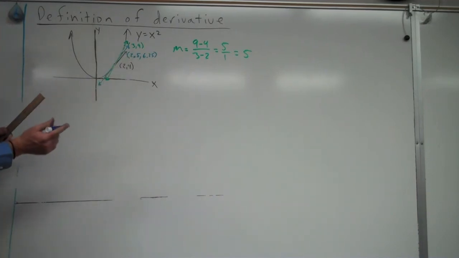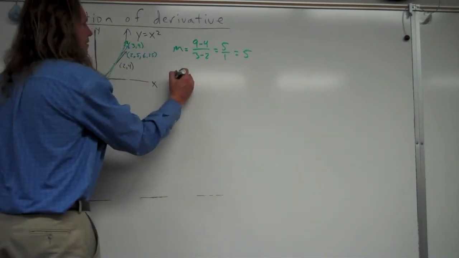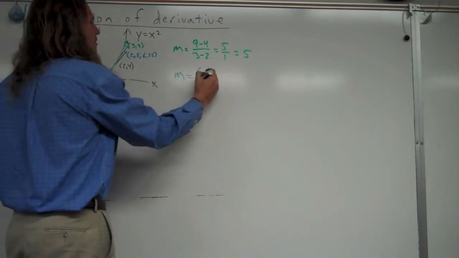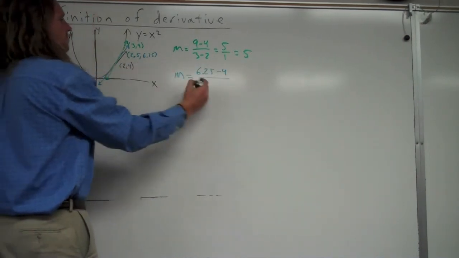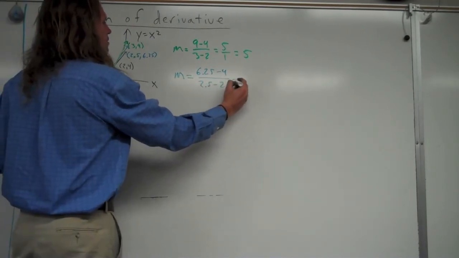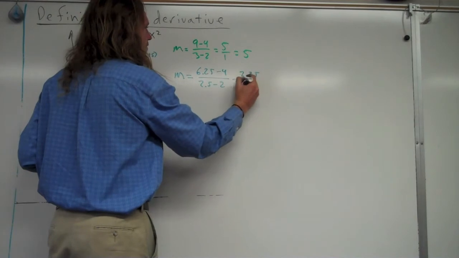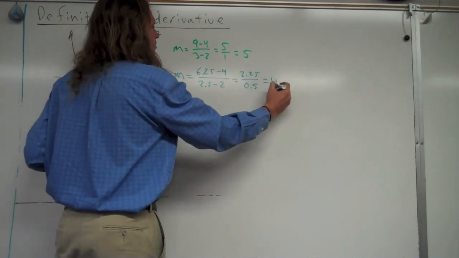But we're getting closer. Let's see what the actual value of this blue line is. It would be y2 minus y1, 6.25 minus 4, over x2 minus x1, 2.5 minus 2. If I subtract that, it's 2.25 over 0.5, and if I divide those, that is going to be 4.5.